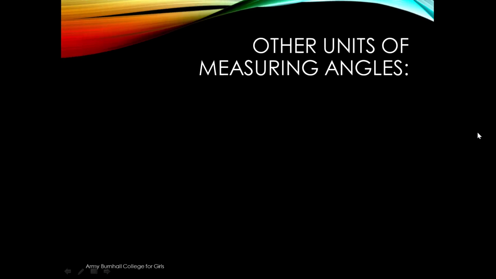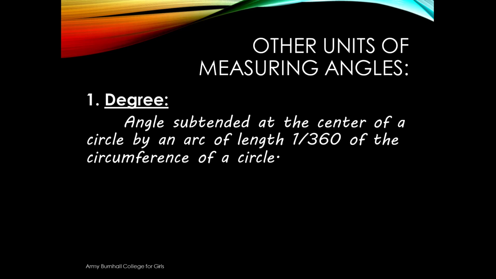Okay, so we have some other units of measuring angles. We have discussed the angle in radians, and if we measure the angle in degrees, a degree can be defined as the angle subtended at the center of a circle by an arc of length 1 by 360 of the circumference of a circle.